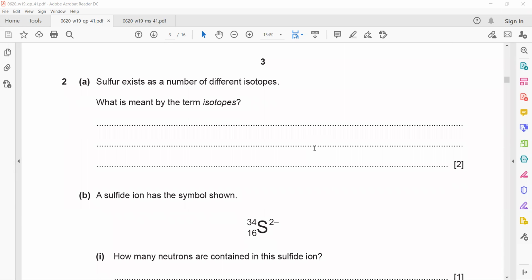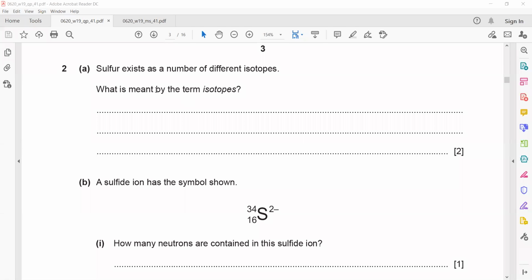Sulfur exists as a number of different isotopes. What is meant by the term isotope? How do we define the term isotopes?